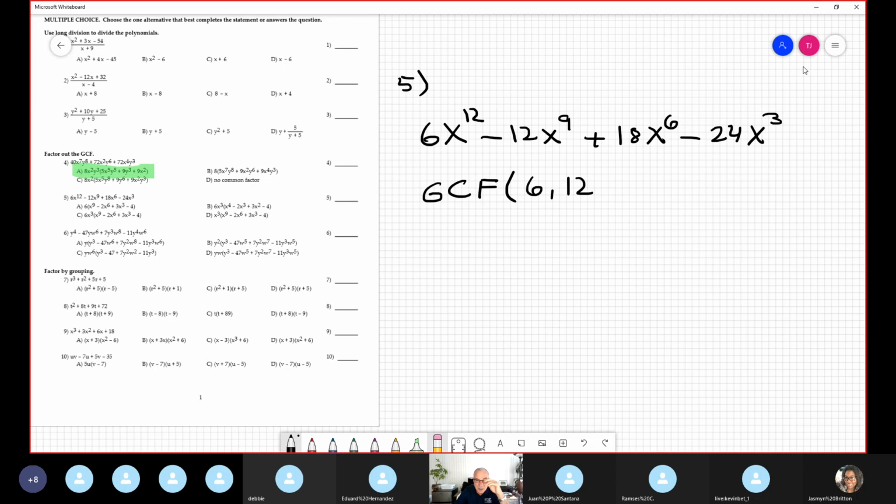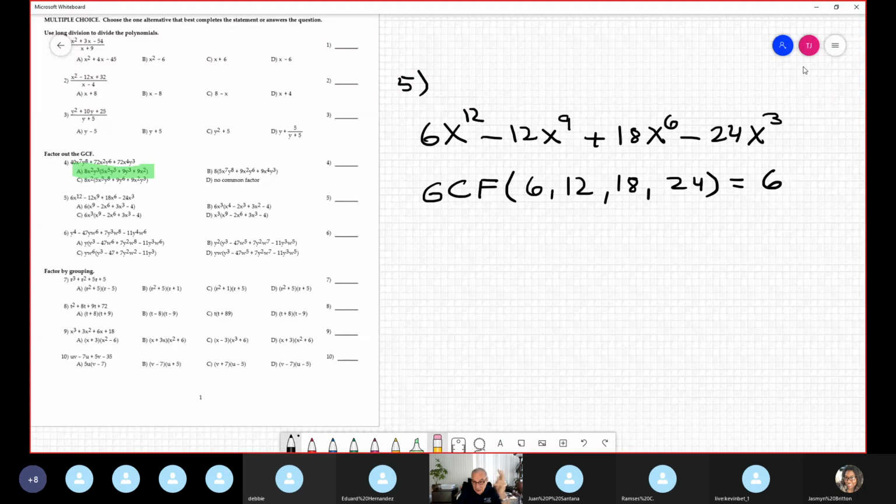I don't care about the sign. The sign is not important. For doing that, we can use intuition. I suppose 6, because 6 is 6, 12 is 6 times 2, 18 is 6 times 3, and 24 is 6 times 4. But this is intuition, and sometimes the intuition doesn't work very well.